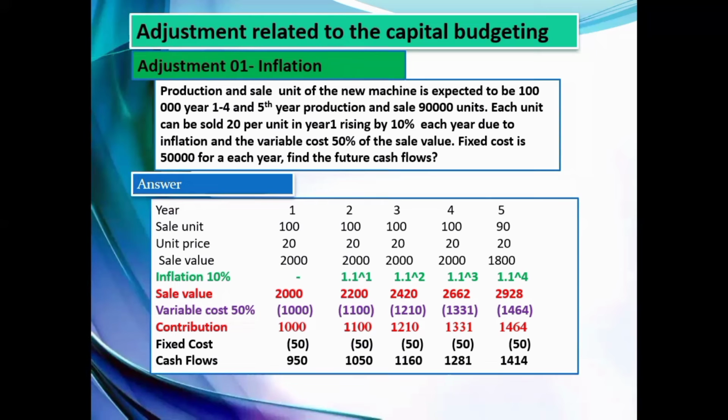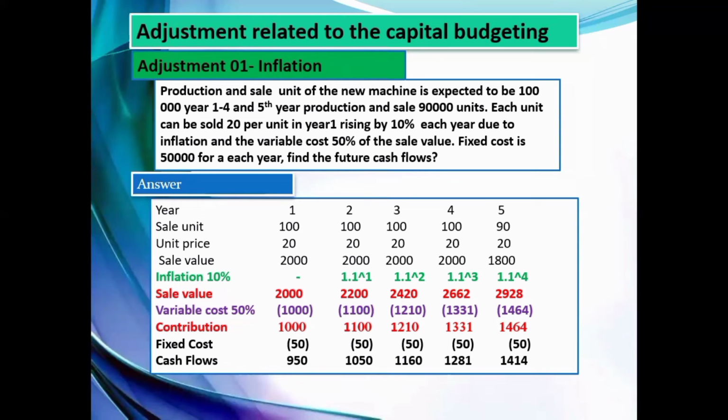In the second year, total sales value is 2,000. That value is multiplied by 1.1 power of 1. Therefore, the value became 2,200. Likewise, the third year also follows the same process. Third year, total sale value is 2,000.